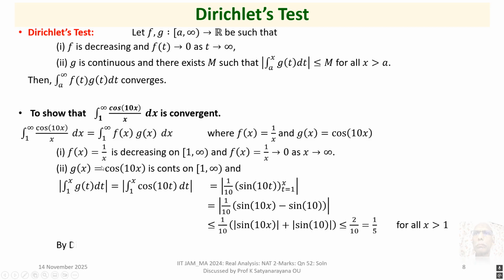So we use the Dirichlet test. The integral 1 to infinity cos 10x by x dx is convergent. Convergent means it exists as a finite number, let us say L, and we have continued in the last slides. Thus, this is the Dirichlet test.